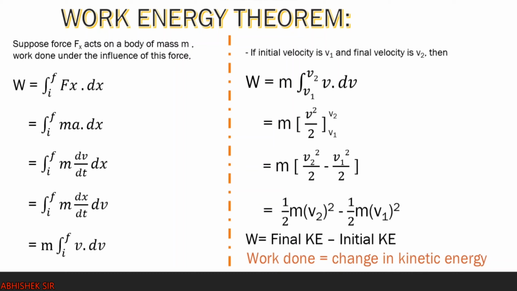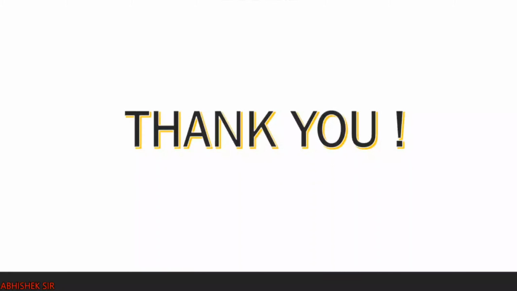Suppose the object had some initial velocity, and if work is done, then the object will attain a different velocity. Its velocity will change, accordingly its kinetic energy will change, and this difference in kinetic energy is nothing but the work done. So this is the work energy theorem.